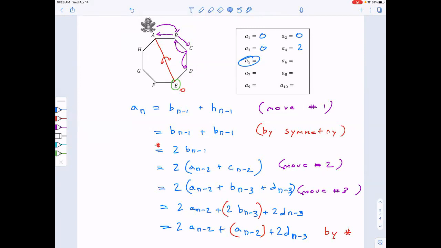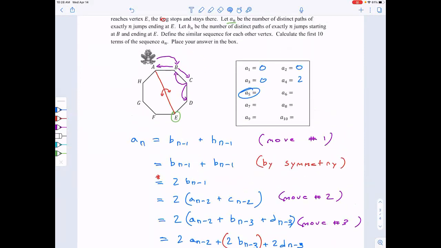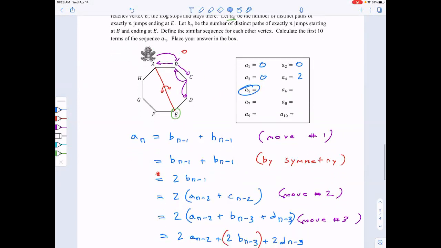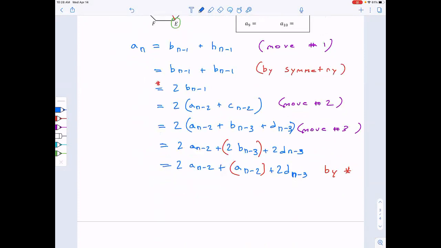So there's really just one possibility by symmetry that could happen: 1, 2, 3, 4 moves to E. And if you're sitting at D and you have any more than 4 moves, you must go back to C.